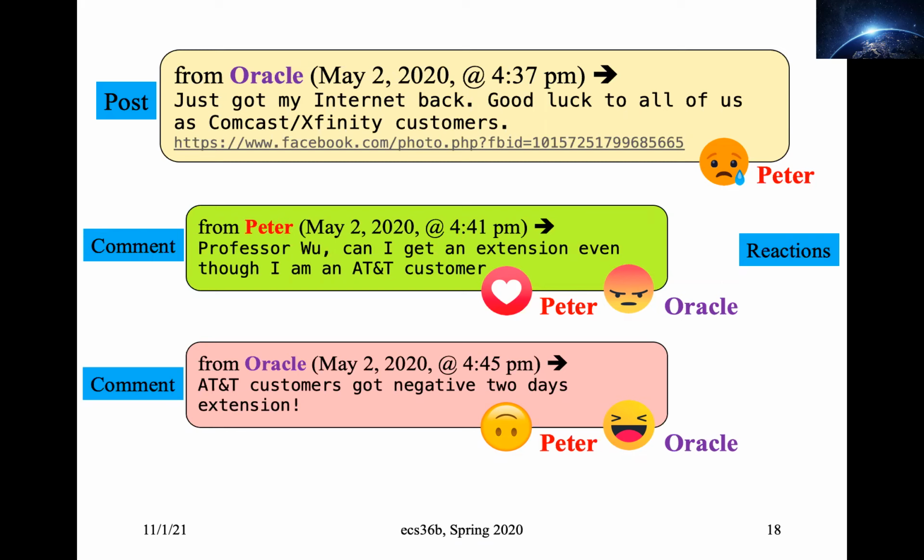Just to let you know, this slide represents, with a nice user interface, how somebody provides a post, and then allows people to make a comment and provide a reaction to that. You can think of it as a Twitter or Facebook situation where people can provide this kind of social interaction.